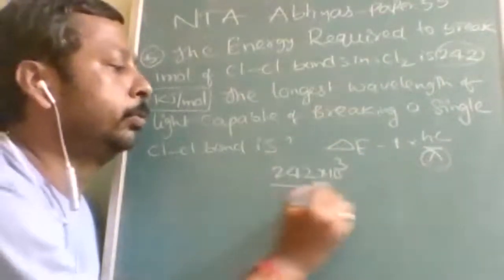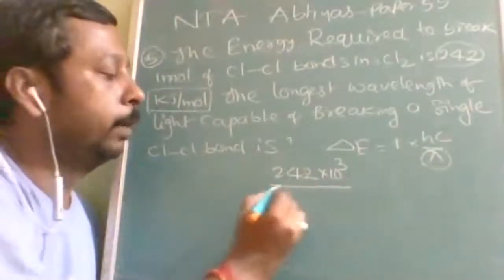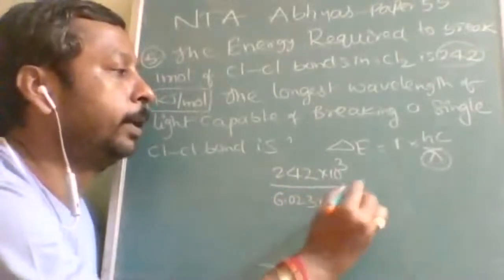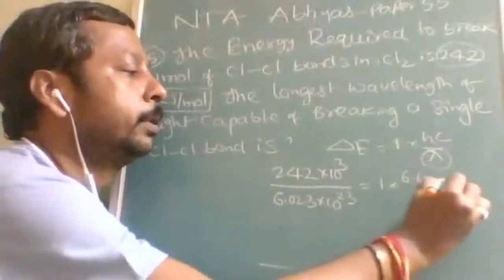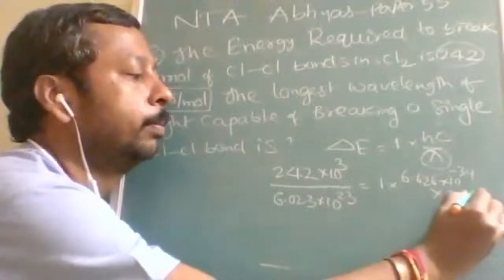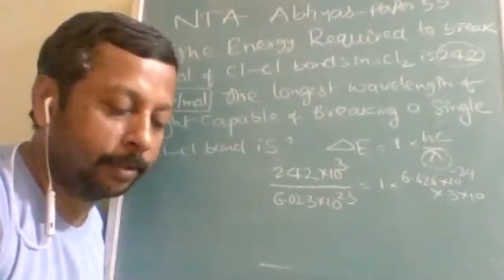This is energy in joules, because you will get the answer in joules only, divided by Avogadro number 6.023 into 10 to the power of 23. Into 1 into 6.626 into 10 to the power of minus 34 into 3 into 10 to the power of what? Light velocity. It is already given in the question.